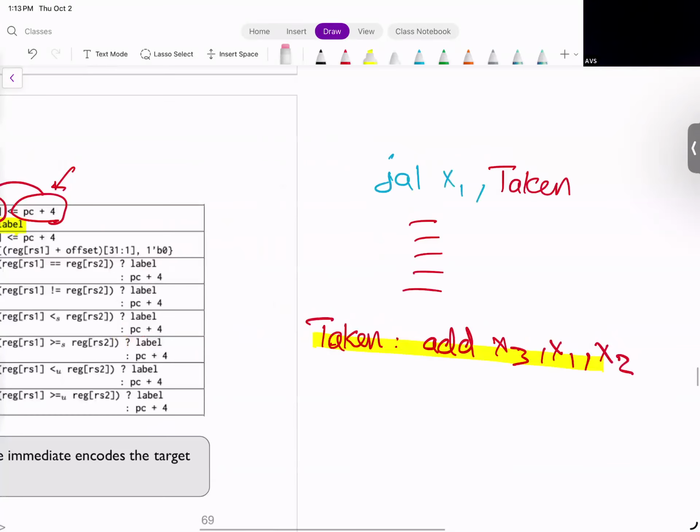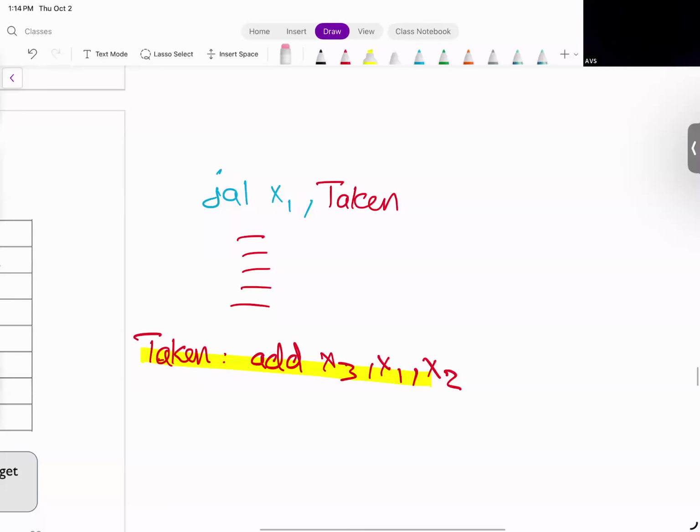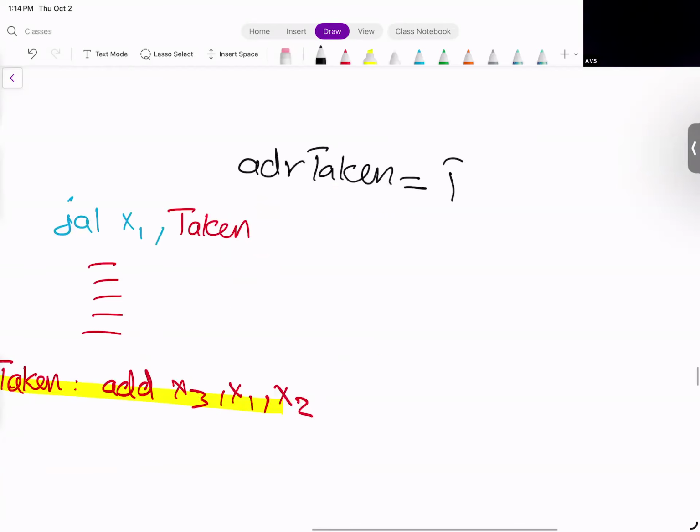When you're actually writing this for real hardware, the address that the label, taken, points to is basically equivalent to PC plus offset. Or let me write this as an immediate, because it's easier for people to understand.